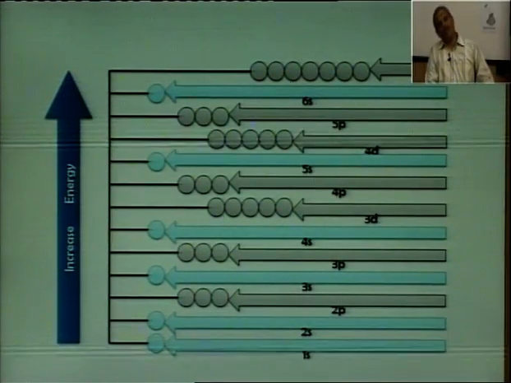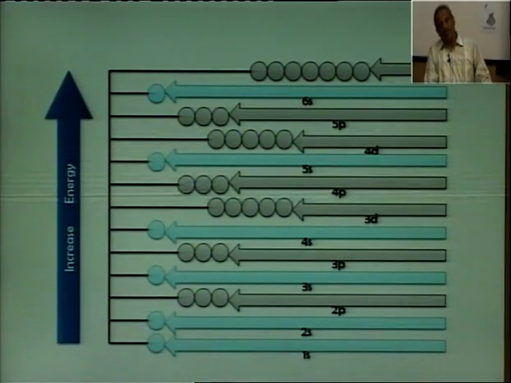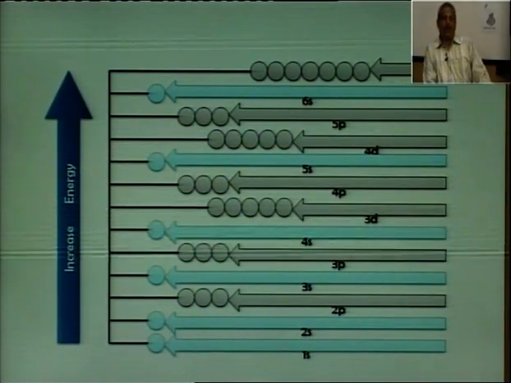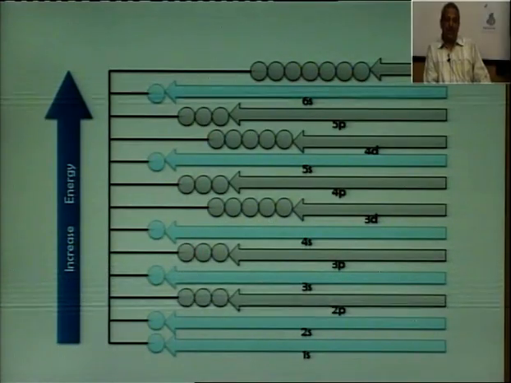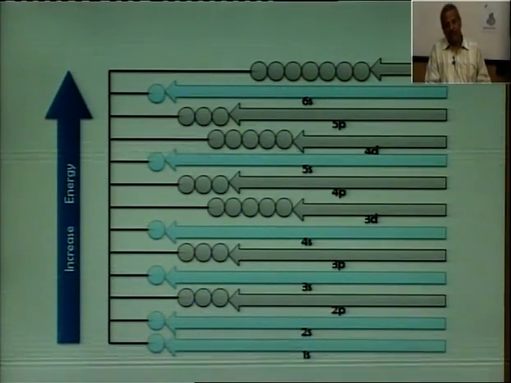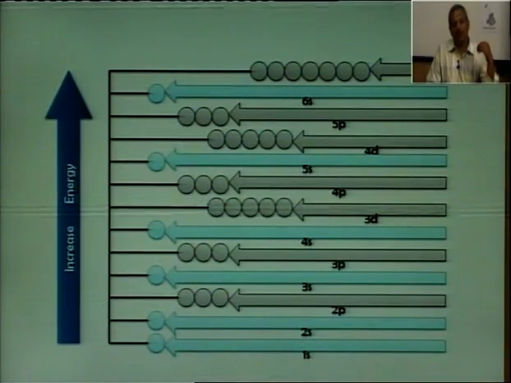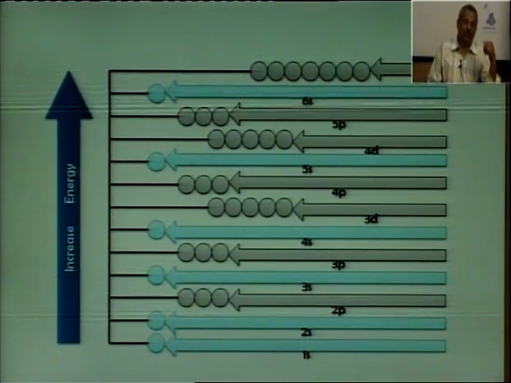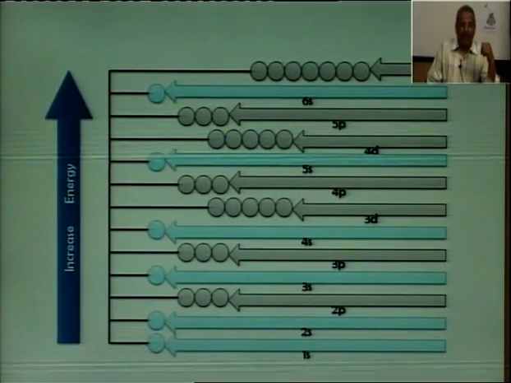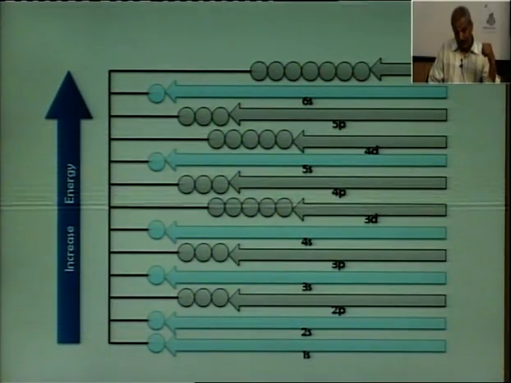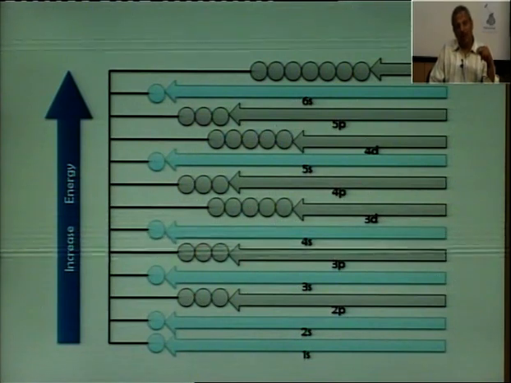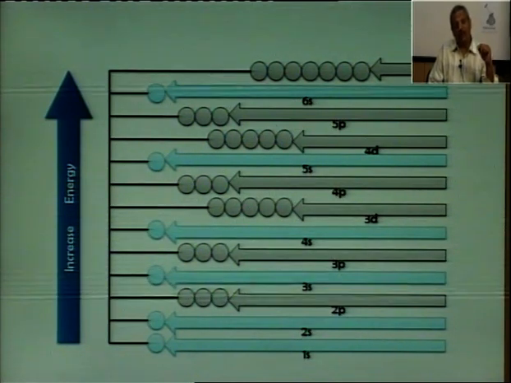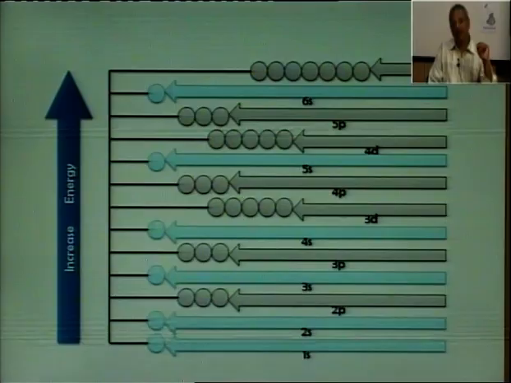So this is the main energy level diagram. According to this, the electrons start to fill from the lower energy level. The electron goes to the lower energy level, and an orbital can accommodate only 2 electrons.